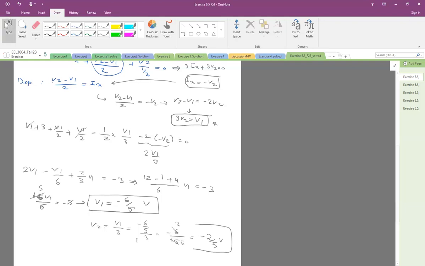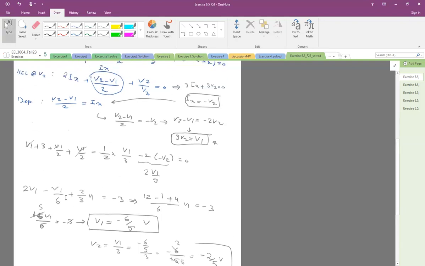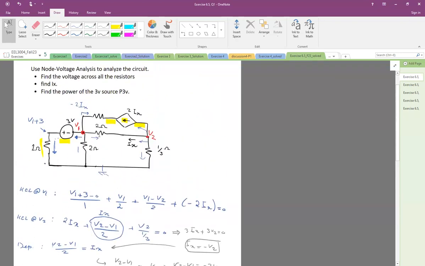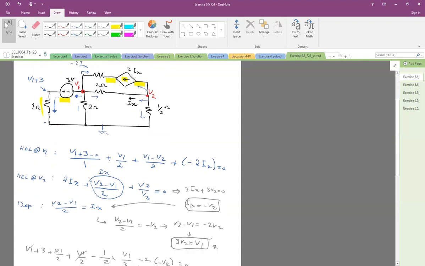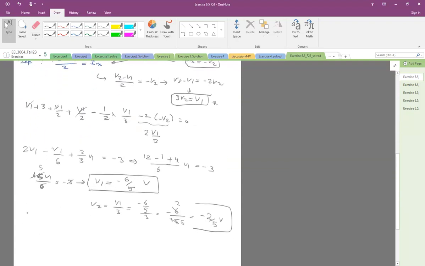Okay, good, so we got v1 and v2. And then we also need to find ix. So what was ix? Ix was negative v2 amp. So negative 0.4 amp, this is ix.